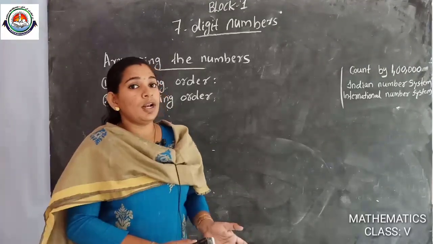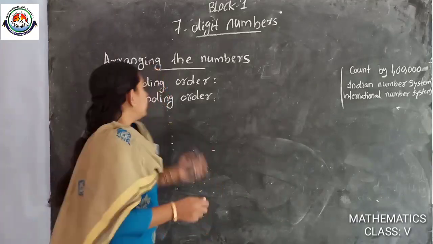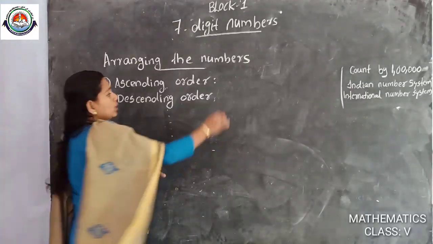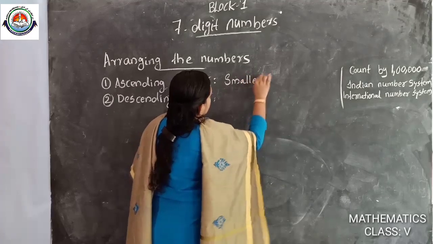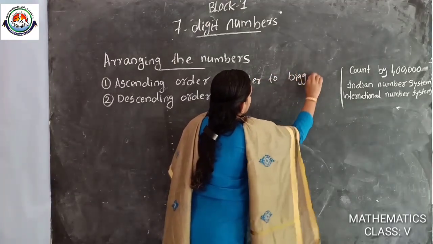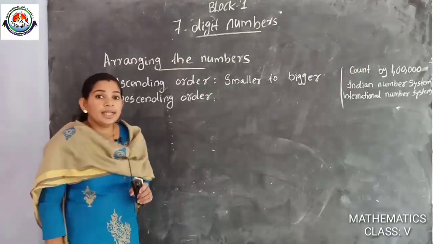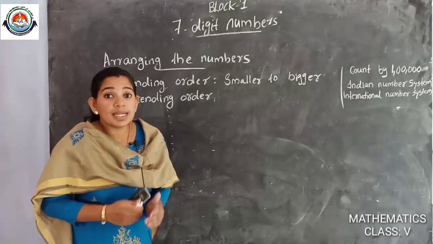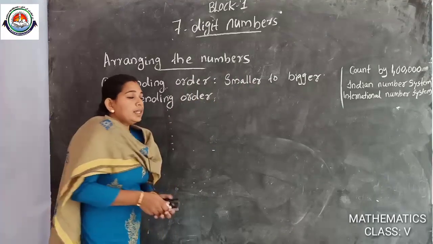First we write the smallest, then the next smallest. Then what is descending order? In descending order, the numbers are arranged from bigger to smaller.